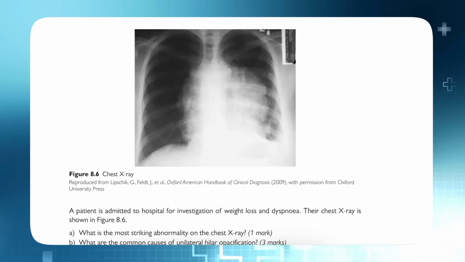Parahilar is there. So, what are the common causes of a unilateral hilar opacity? Because it is given in the scheme, you have to utter at least three diagnoses.